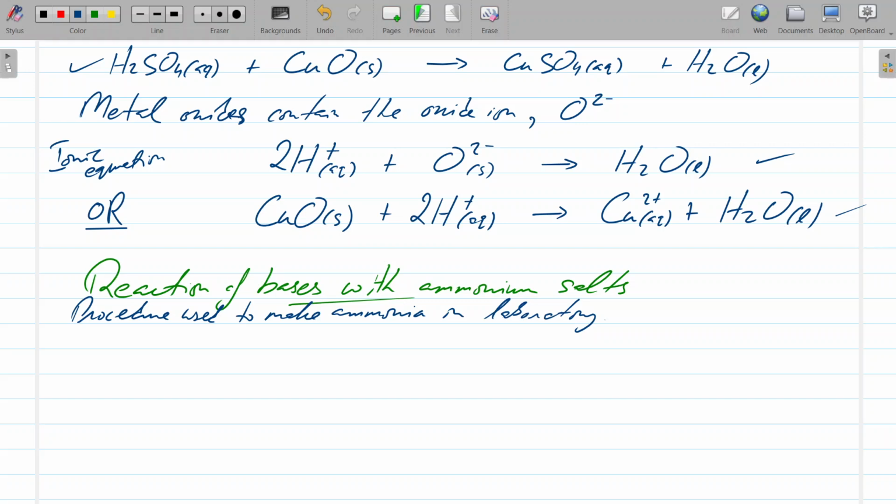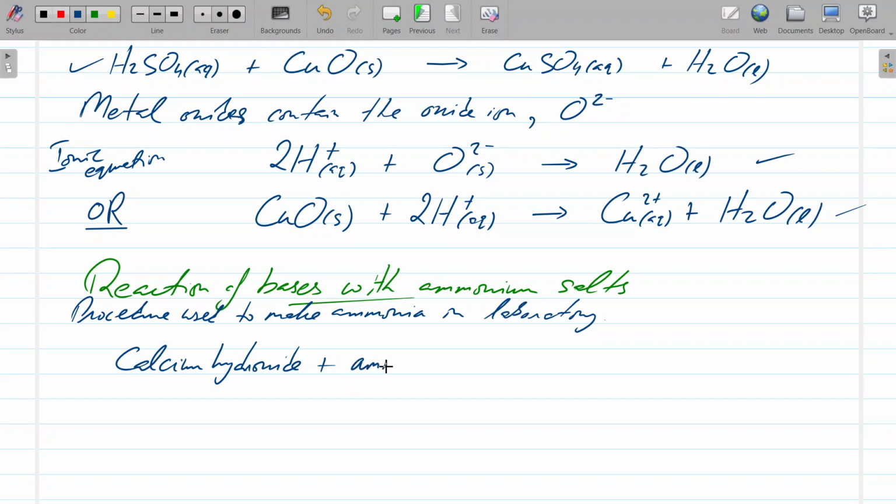You take an ammonium salt and you react it with a base. So for example, you've got a base such as calcium hydroxide, right? This guy's insoluble. And you have an ammonium salt such as ammonium chloride.